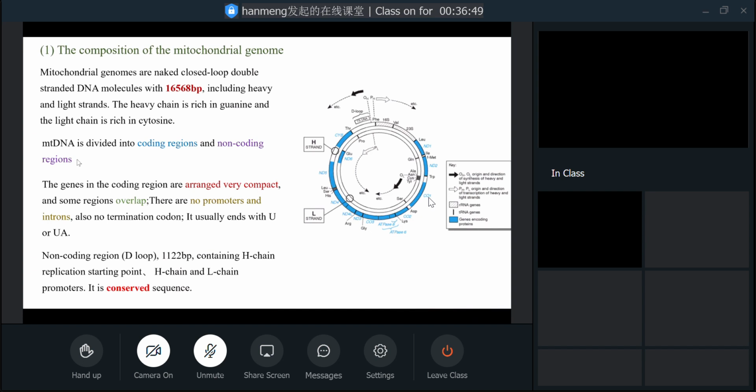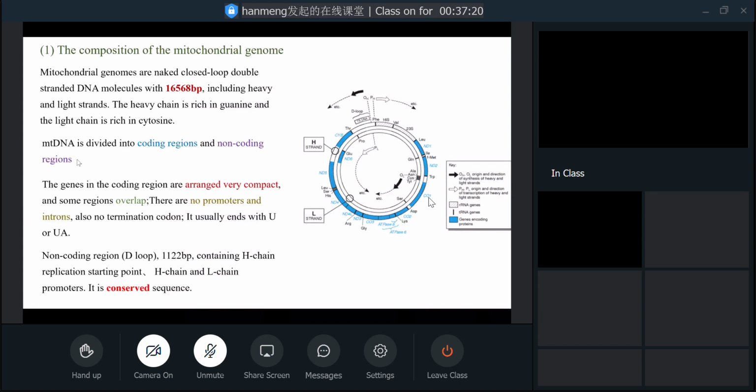The genes in the coding region are arranged very compactly, and some regions may overlap. There are no promoters, no introns, and no termination codon. It usually ends with U or UA.